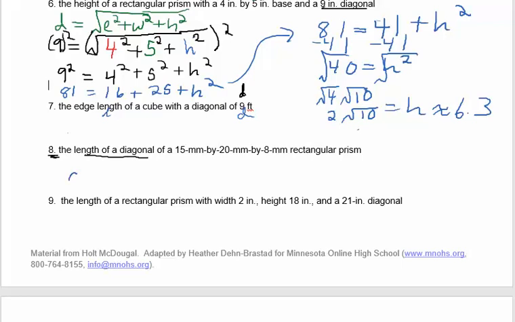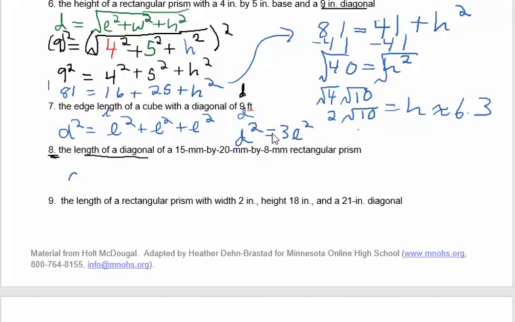So D squared would equal L squared plus L squared plus L squared. We only need to know what L is. What is L squared plus L squared? Well, that's 2L squared. What's L squared plus L squared plus L squared? That's 3L squared. So we really have that D squared is equal to 3L squared.